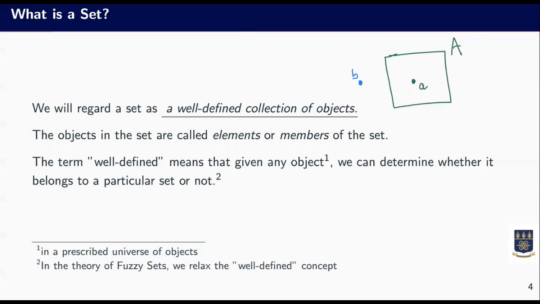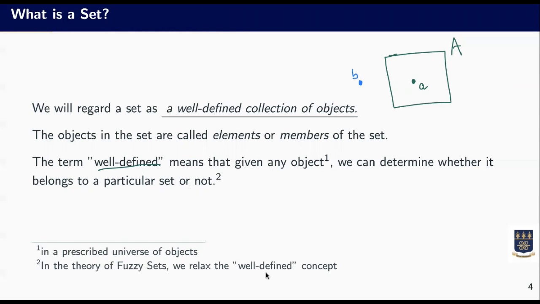So that's key. The term well-defined means that given a new object, you can determine whether it belongs to the set or not. Now, there are other theories of fuzzy sets where some of these concepts are relaxed, but in this case, we are going to define our set such that objects either belong to the set or don't belong to the set.